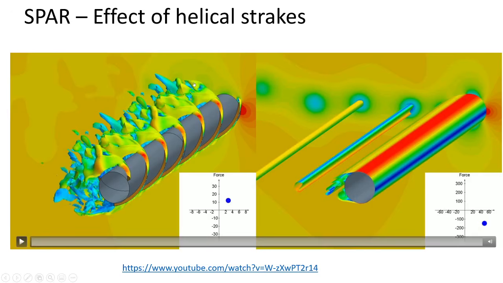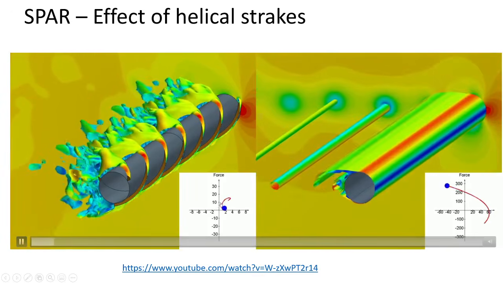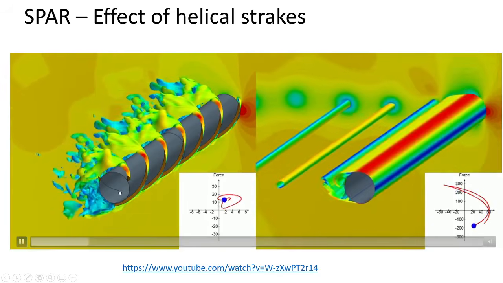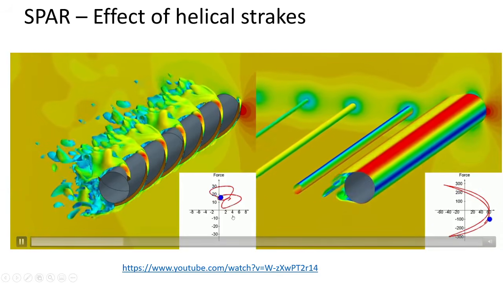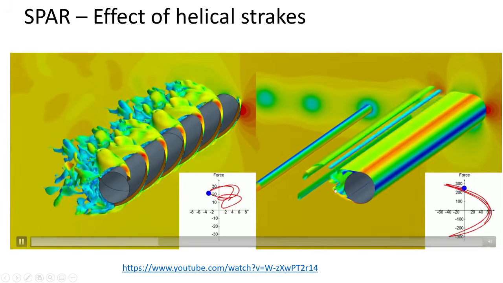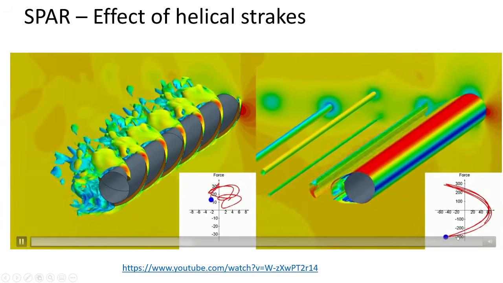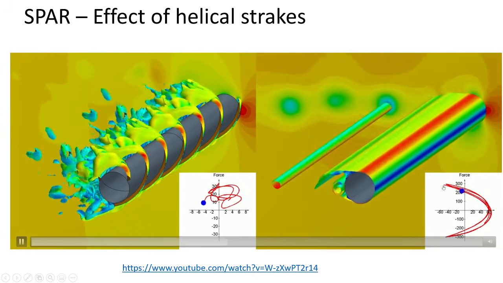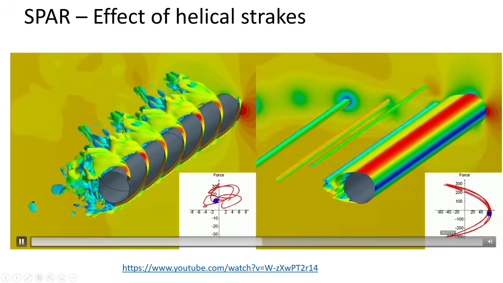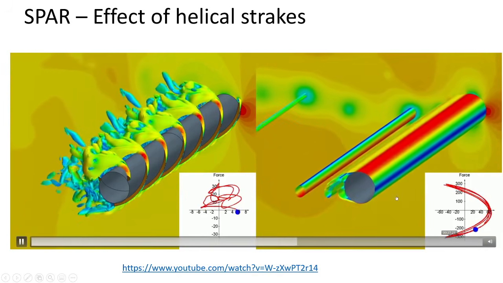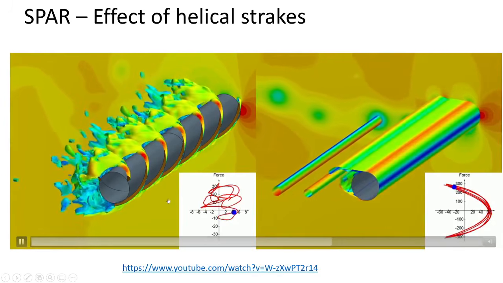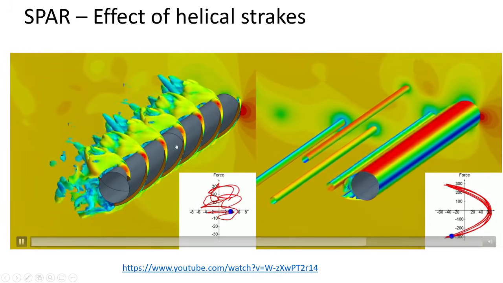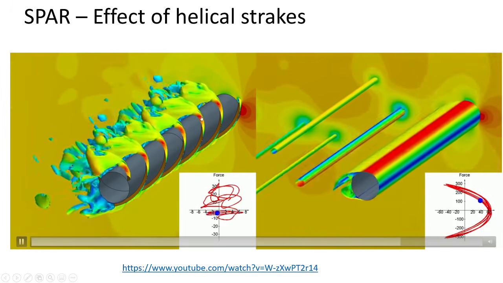Okay, so you see here on the left, I think it goes one by one, you have these streaks that are added to the cylinder, and then you have one where it has no streaks. This is the force on the cylinder, and you see these are forces between 8 and 30. But when you don't have the streaks, you see the forces are actually very, very high. They have a very periodic nature, and they can cause more issues. So that's part of the reason why you can also see it in the chimneys that they have streaks.